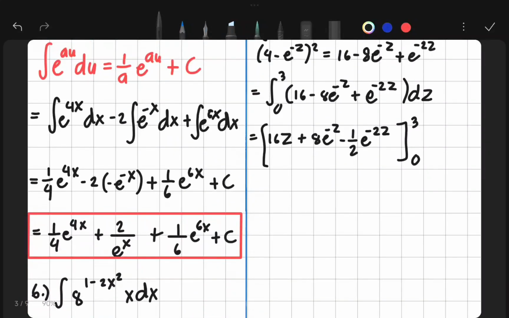After that, we just need to plug in our upper limit minus the lower limit. First, plug in the upper limit.